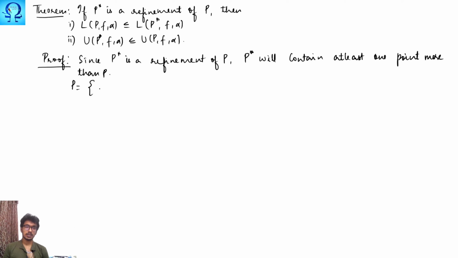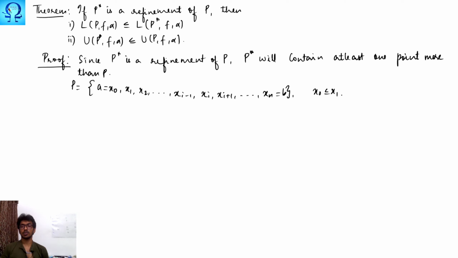If P contains the points x equal to a equal to x0, and x1, x2, xi minus 1, xi plus 1, and it goes till xn, which is b, with the condition that x0 is less than or equal to x1 less than or equal to x2 till xn. So this has to be the condition.